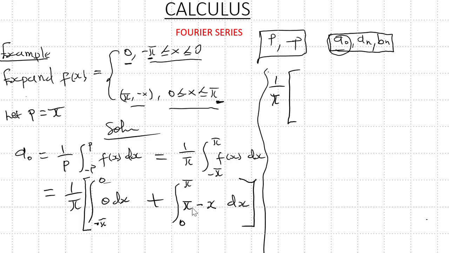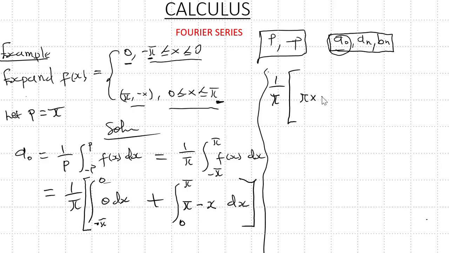And you know that if you integrate a constant, you multiply it by the variable with respect to which you are integrating. So if we integrate pi, it's going to be pi times x, that is pi x.